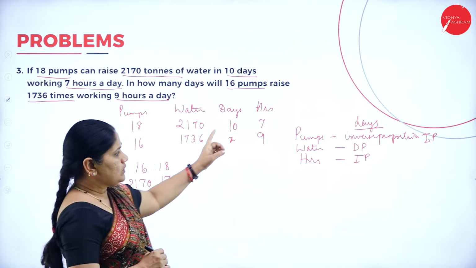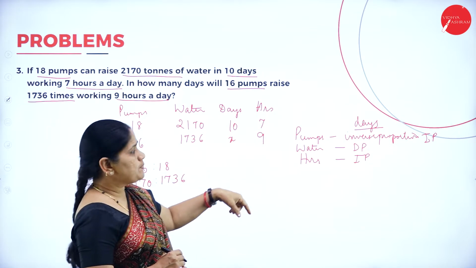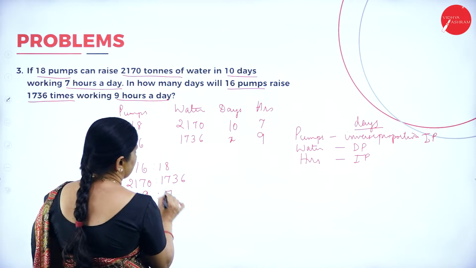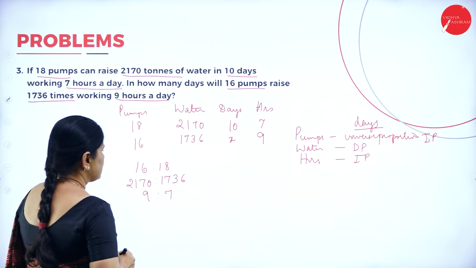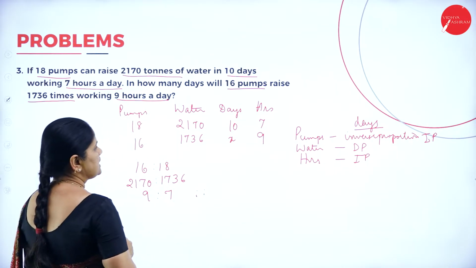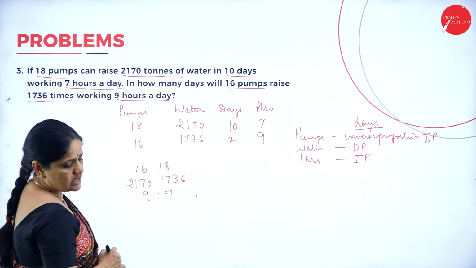Then the hours are in inverse proportion, so I write 9 is to 7. Now the number of days is 10 is to x.